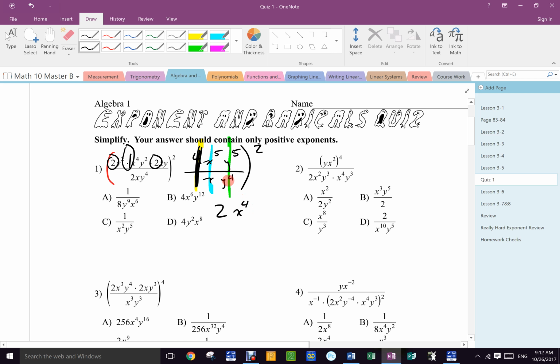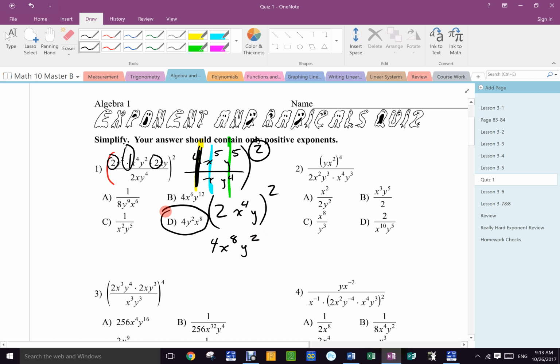And what do I do here? 5 minus 4, which is Y. And all of that is still squared, right? What does that 2 do when there's brackets here? Goes everywhere. So what's 2 squared? 4. X to the 8, Y to the 2.